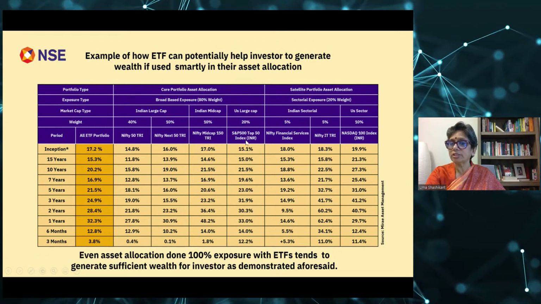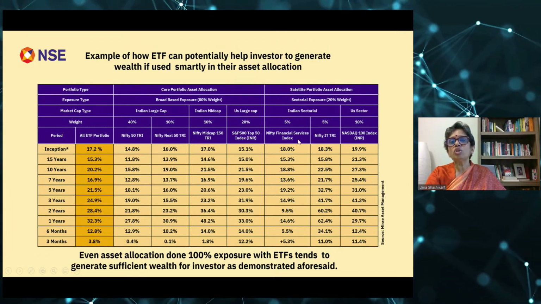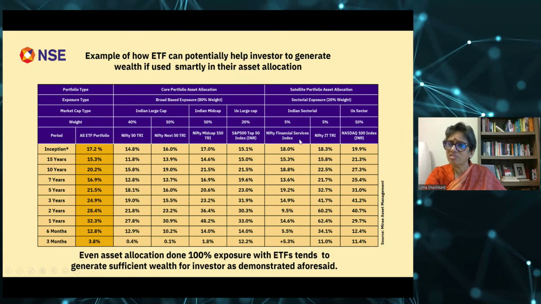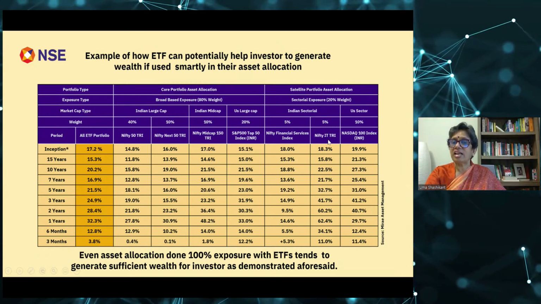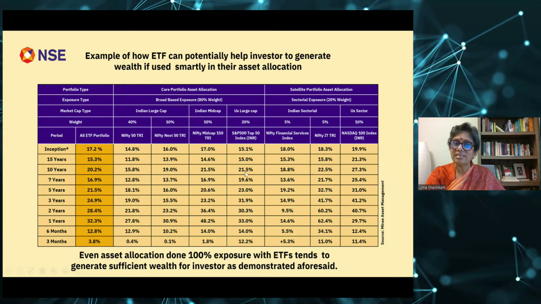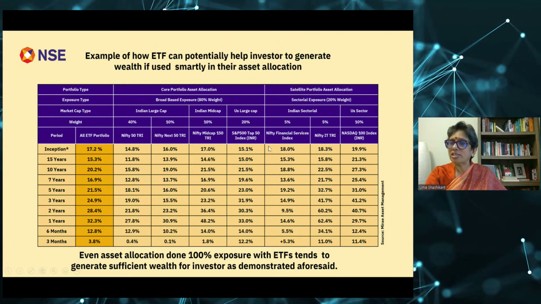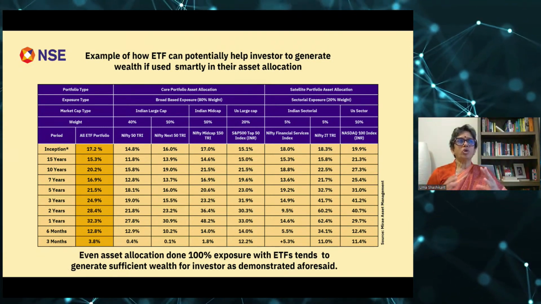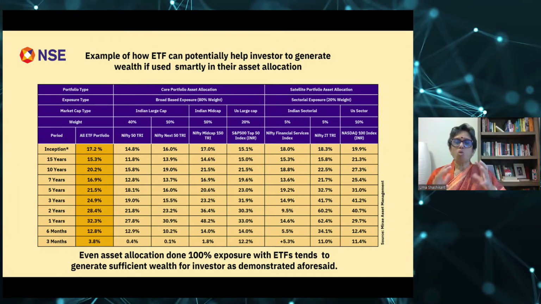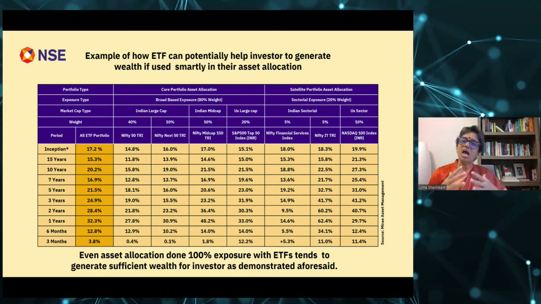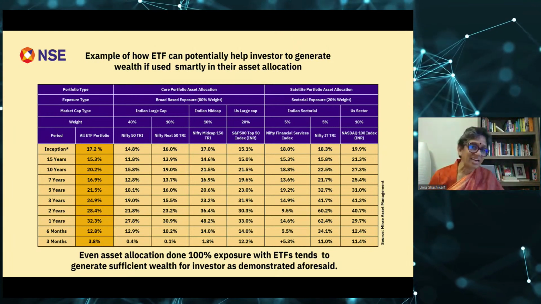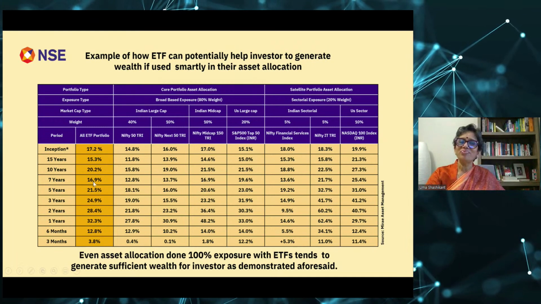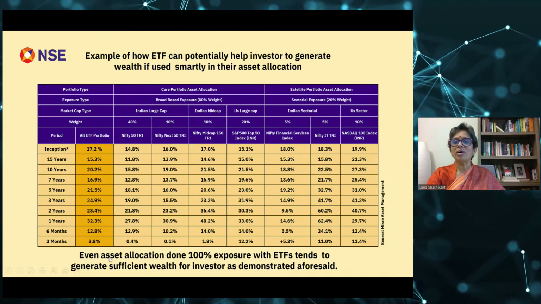And there's a satellite strategy in which you have put in sectors. You have invested in the financial services sector, which is banking and others, and in IT and so on. So you can build your portfolio with various components, and you can decide how these components will be. This shows that it can be all index and it can provide a fairly decent level of return.